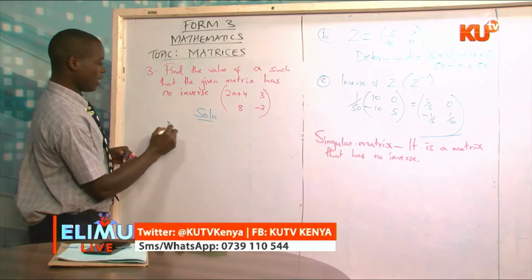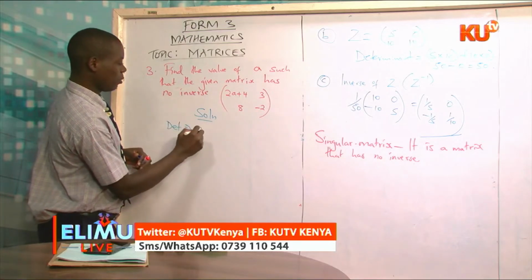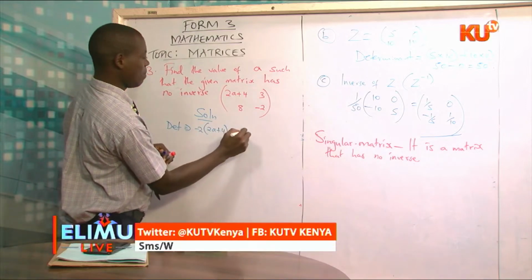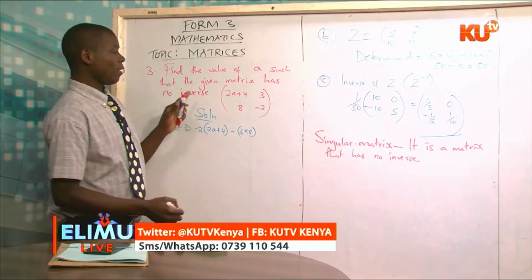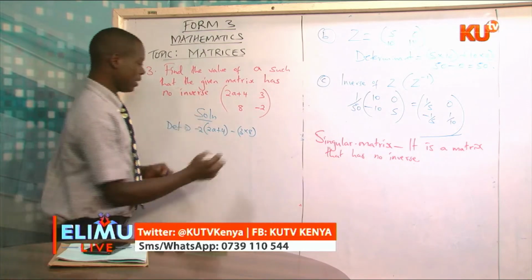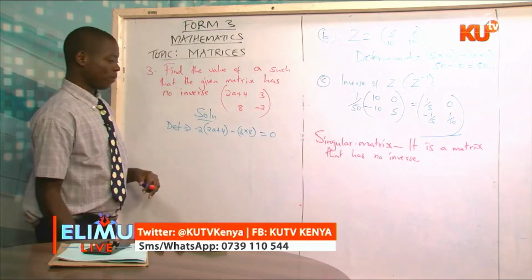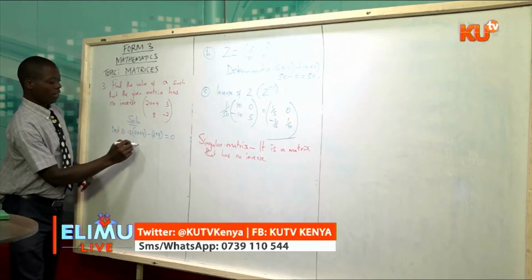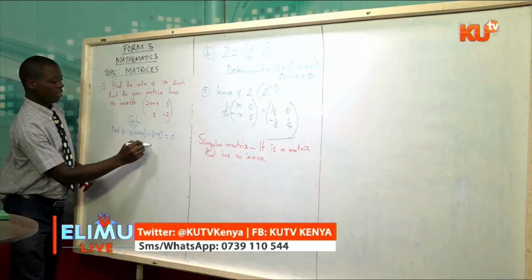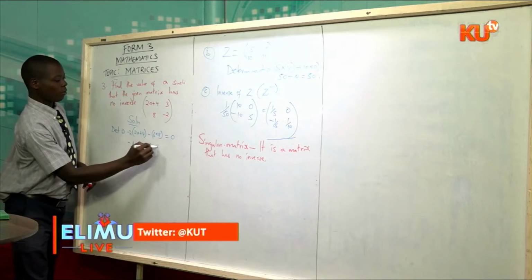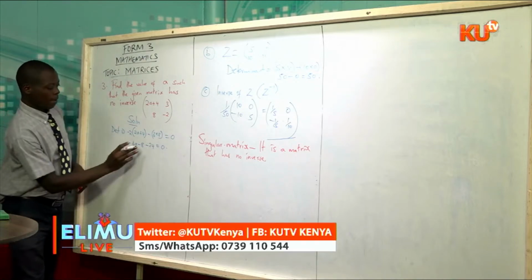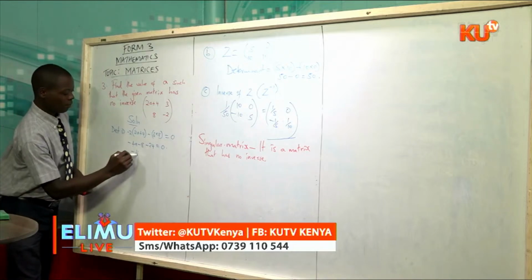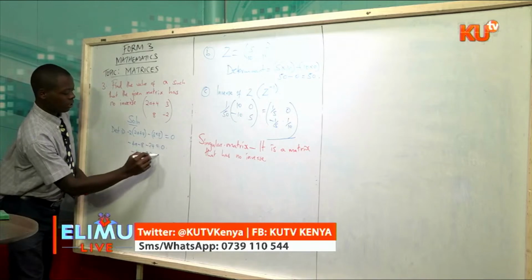Therefore, our determinant, as explained before, will be negative 2 times 2A plus 4 minus 3 times 8. And because this matrix has no inverse, this determinant will be equal to 0. So we expand: negative 4A, negative 8, minus 24 is equal to 0. Minus 8 minus 24 is minus 32. Therefore, minus 4A minus 32 is 0.